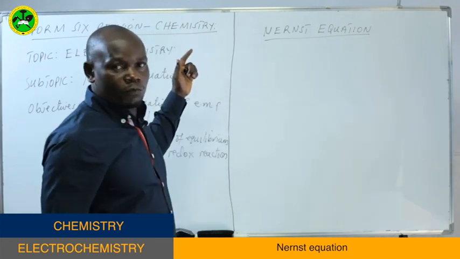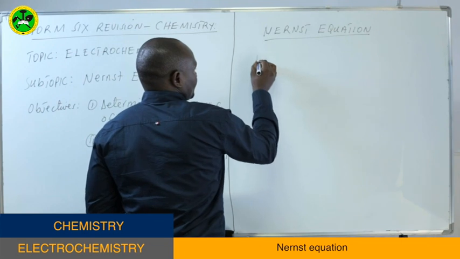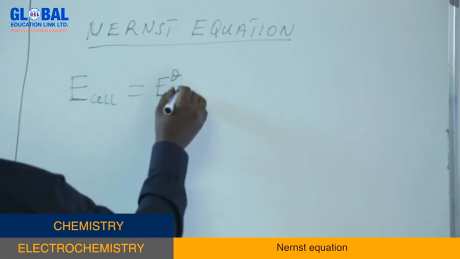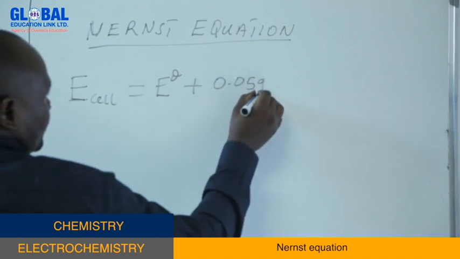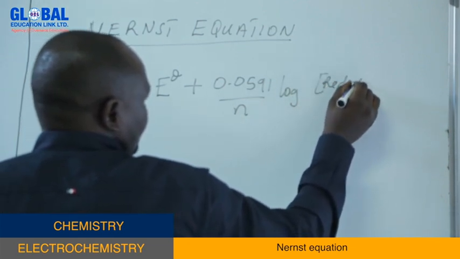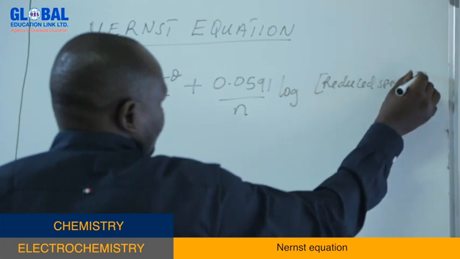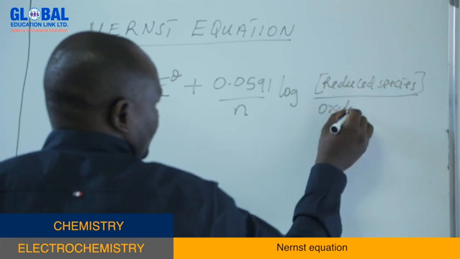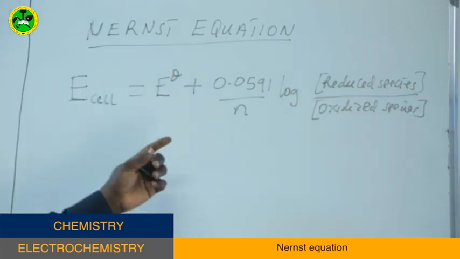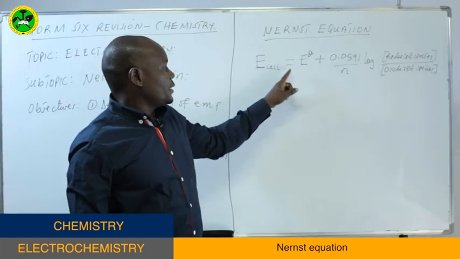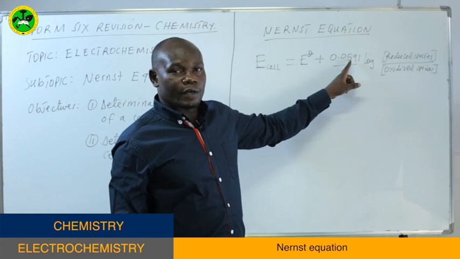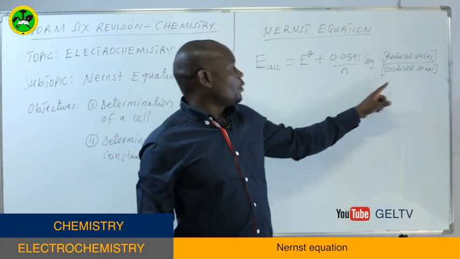So if we recall our Nernst equation, the EMF of a cell is calculated by taking the standard electrode potential of a cell, then plus 0.0591 over n log of the reduced species over oxidized species.